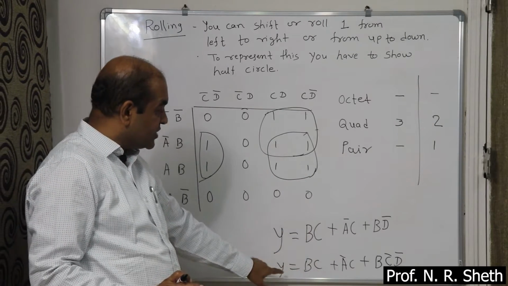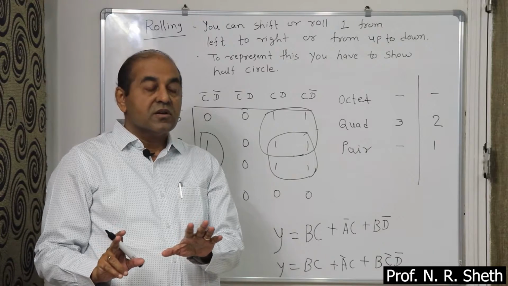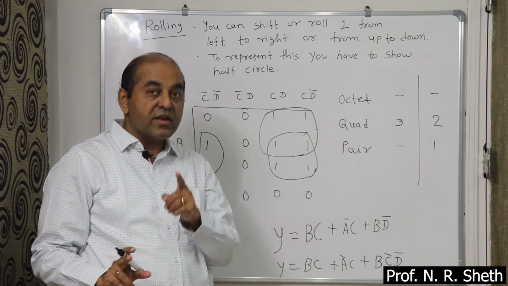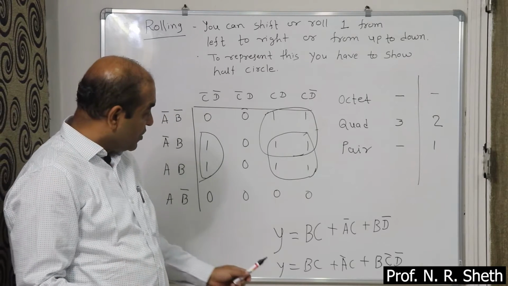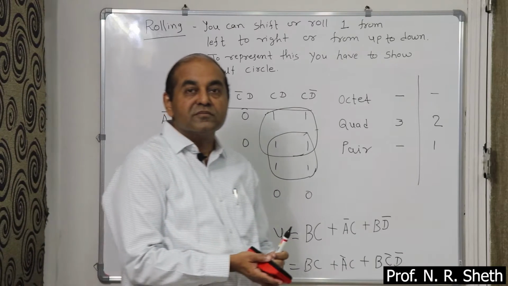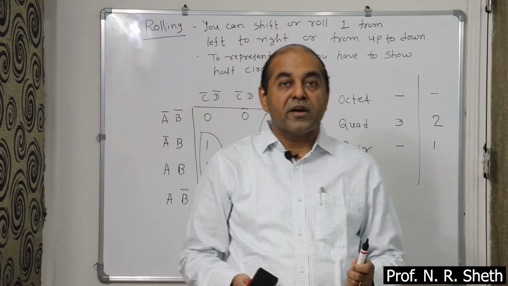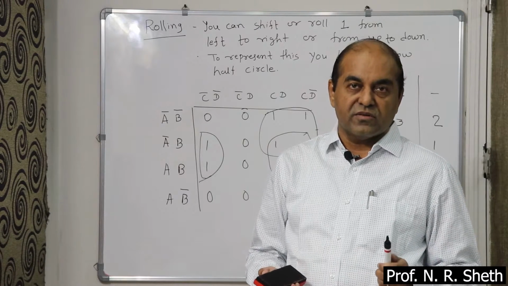In place of 6, we have 7 variables. Here we have 6 variables. So in the exam, for this error, you will get 0 marks, because you have to prepare the simplified Boolean equation.